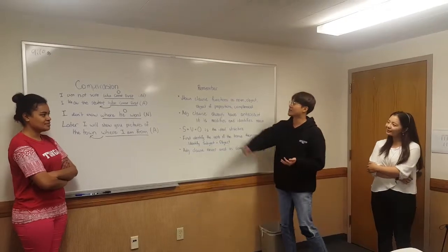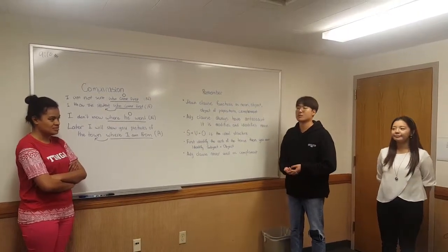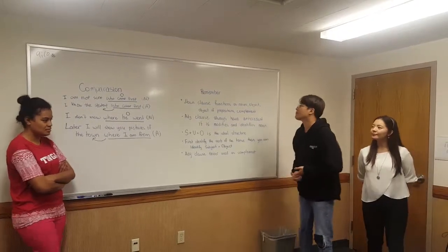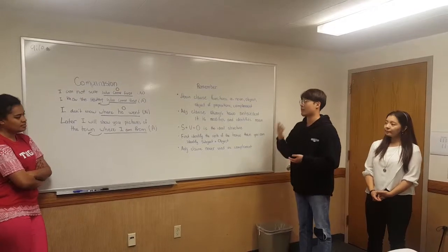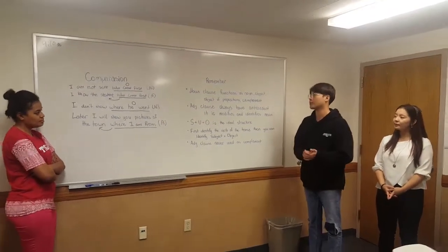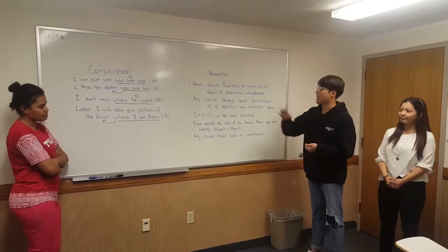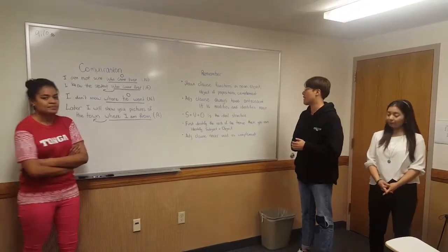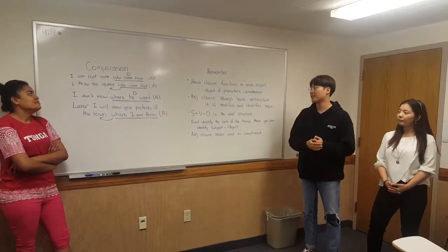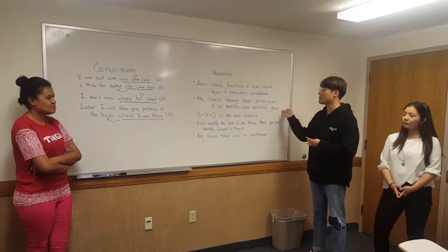Okay, now there are a few things that we have to remember about noun clause and adjective clause. First, a noun clause functions as a noun, and also as an object, object of a preposition, and complement. And second, an adjective clause always has an antecedent. It modifies and identifies a noun.